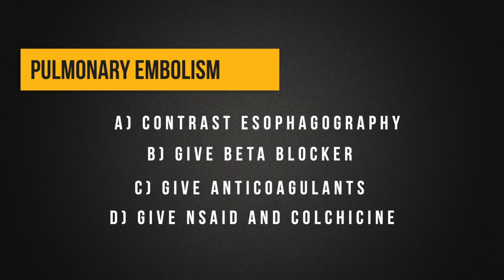As you can notice, these answer choices are the differentials for PE, because with PE you'll have pleuritic chest pain or chest pain. And as you know, Step 2 CK questions are not very straightforward. Like, what is the management for PE?